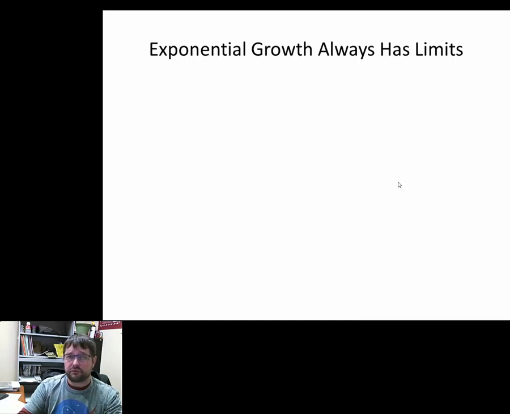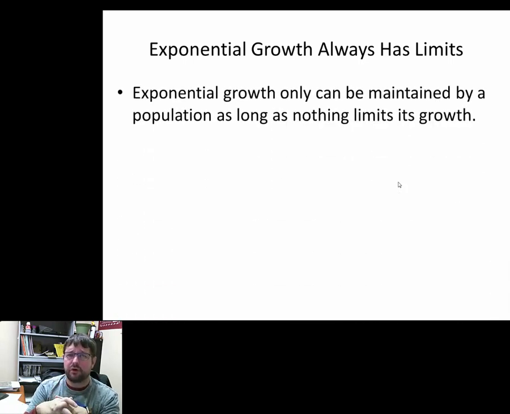The issue, or maybe not an issue, this is a really good thing, especially if you're dealing with cockroaches, is that exponential growth will always have a limit. So where you saw that graph of cockroaches going straight up, eventually it has to crash, or it has to peter out and level out.